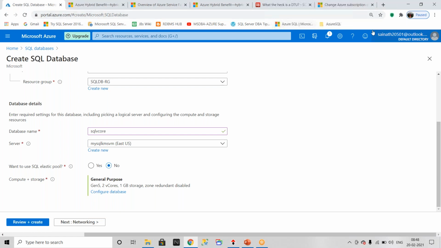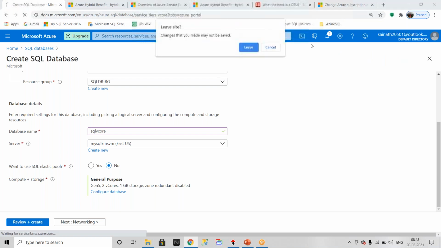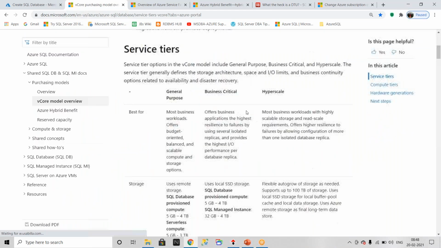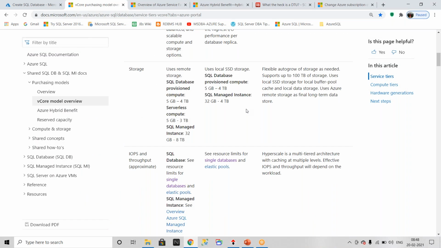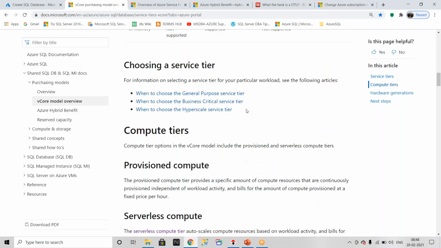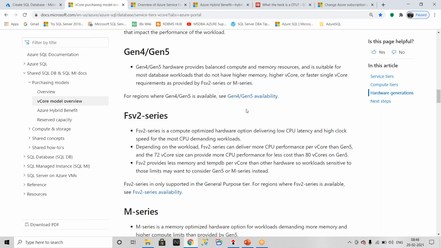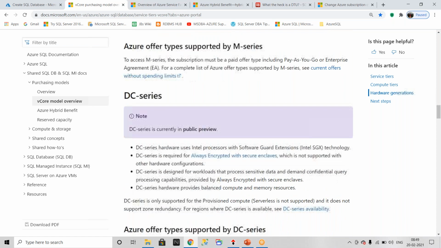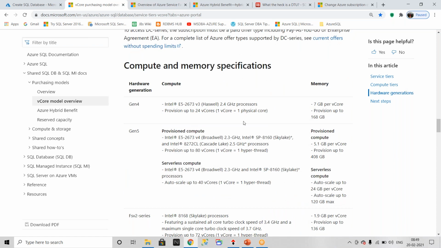One second, I wanted to show you something, where Microsoft is mentioning it. Yeah, see.